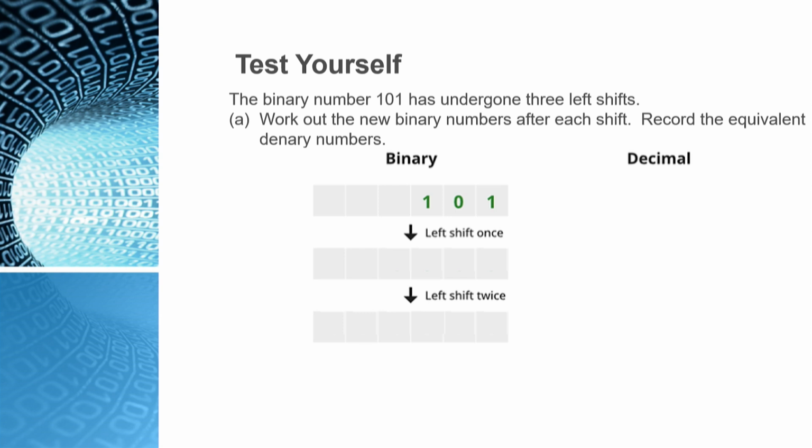Time to check whether you have understood. The binary number 101 has undergone 3 left shifts. Part A. Work out the new binary numbers after each shift. Record the equivalent binary numbers. Here are the answers.